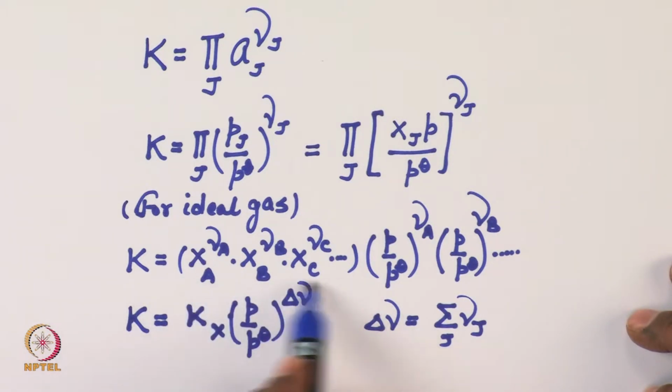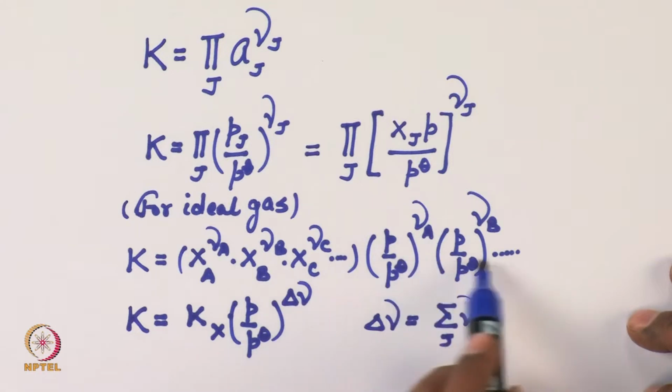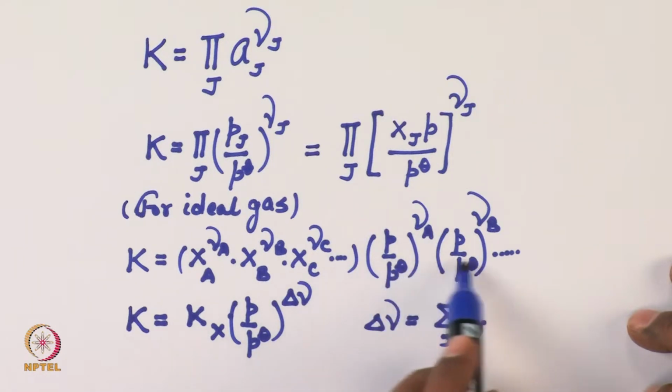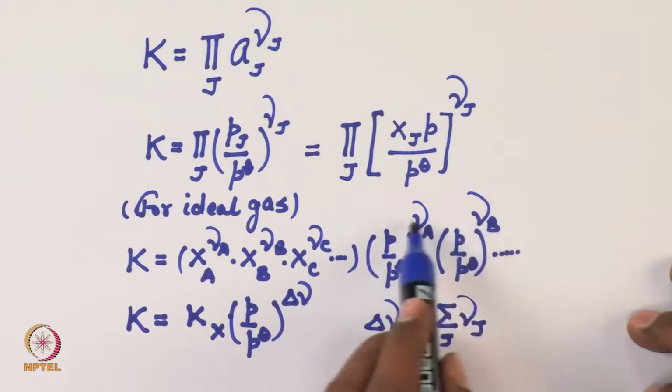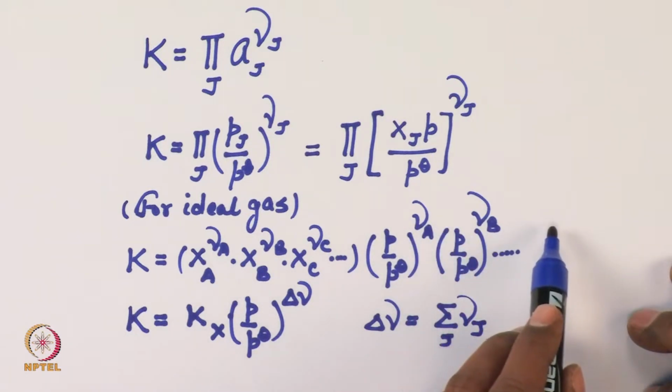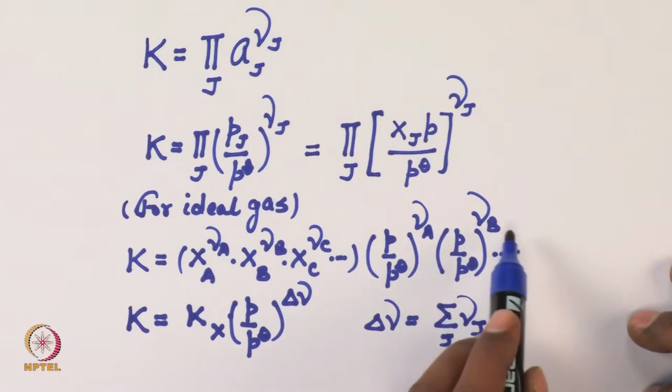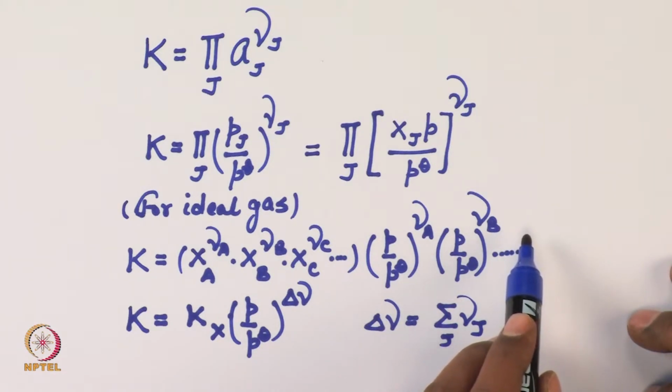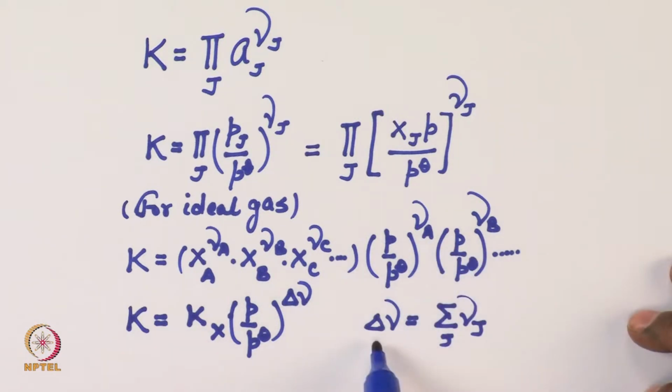So, this actually is Kx, K is equal to Kx into P by P naught raised to the delta nu, and if you combine all these P by P naught, these powers will be added. We have to put a negative sign with the stoichiometric numbers for the reactants and a positive sign for the products, and the overall sum is actually a difference between the number of moles of gaseous products and the number of moles of gaseous reactants.